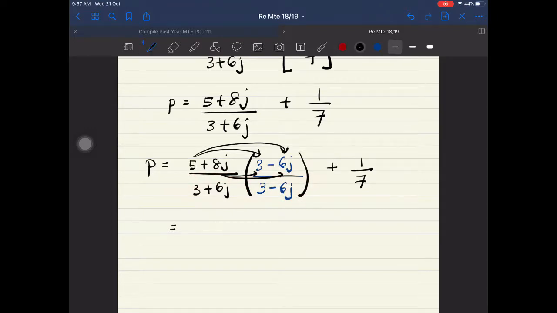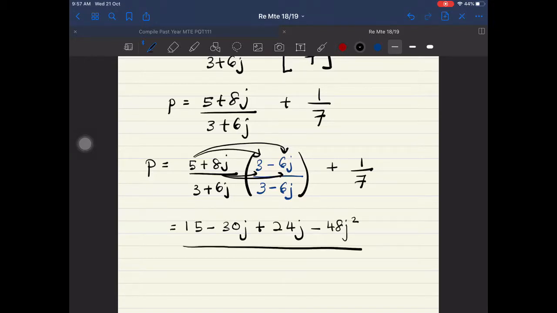Okay, so you will have 15 minus 30j plus 24j minus 48j squared over 9 minus 18j plus 18j minus 36j squared plus 1 over 7.